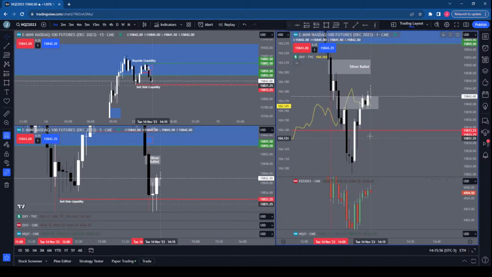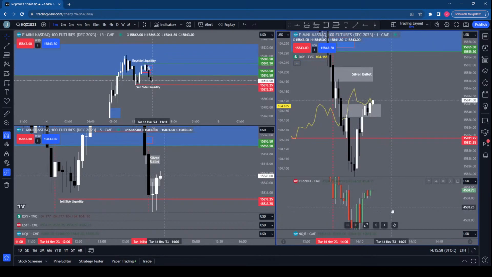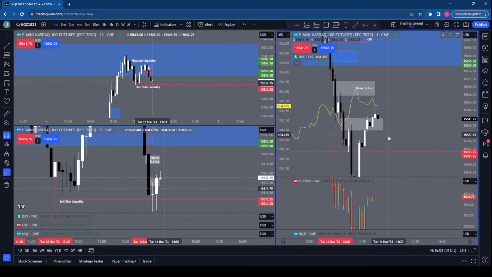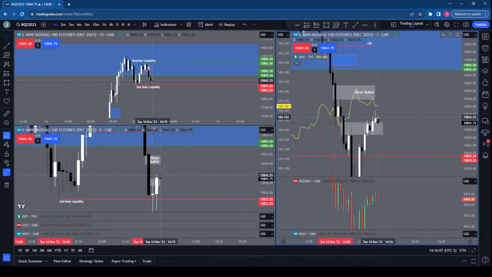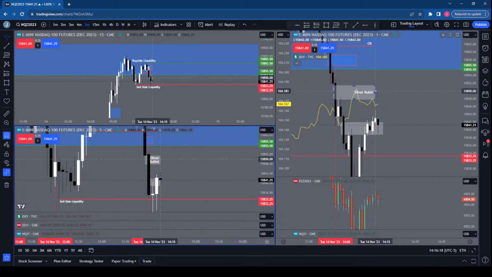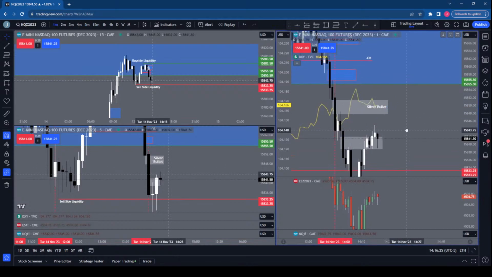Again, this could just turn around and go exactly how I had planned it to, but that risk, I don't really want to take on that risk. Let's see. Look at it. Yes.